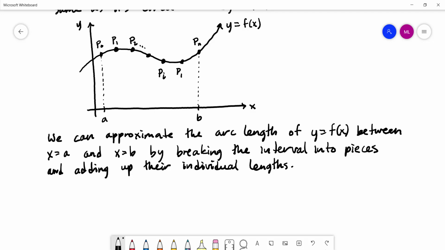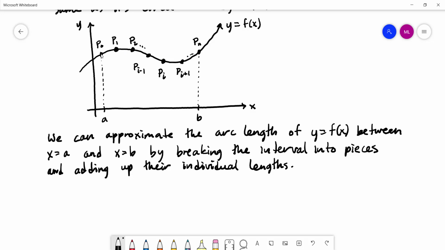We'll have the one past it, P sub i plus 1, and the one before it, P sub i minus 1. And so that's how we'll refer to these various points, is basically a P with a subscript indicating which point along the way we're sitting at, starting with 0, going up to n. So we've chopped it up into n pieces in this case.